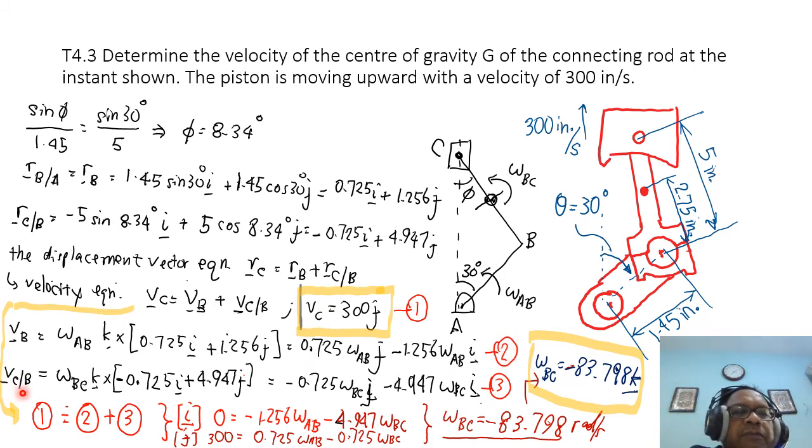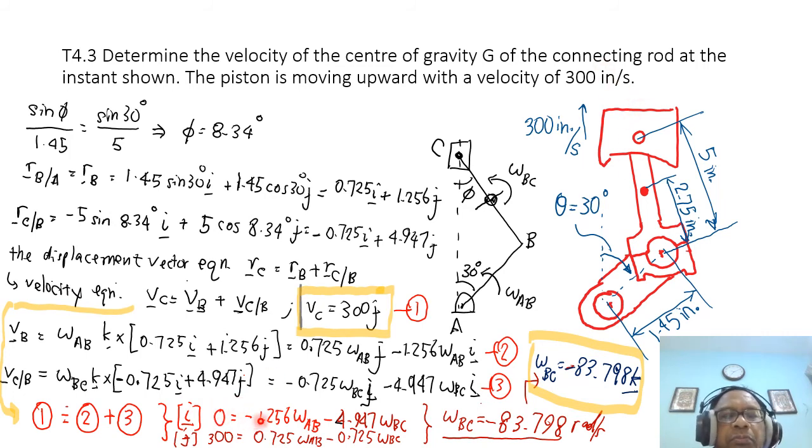And then VC relative to B is omega BC K cross position vector C relative to B. We've calculated that to be minus 0.725I plus 4.947J. And we got this answer here, 0.725 omega BC J and minus 4.947 omega BC I. And we rewrite again the equation VC. We know what VC is. Put VB here, VC relative to B, and then find the I component and J component. The I component is 0. There's no, for the C is only moving upwards.